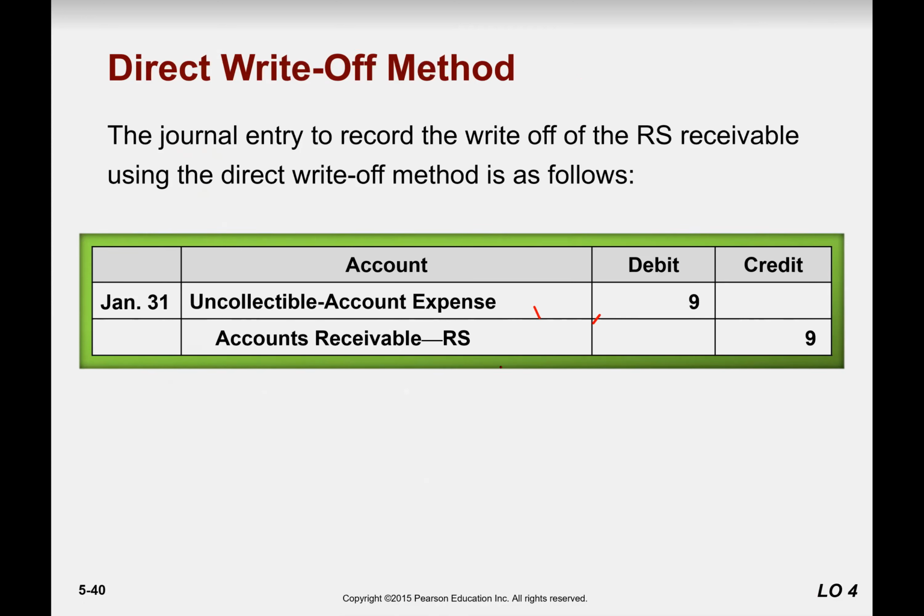But since we are directly writing off, we are not making the allowance, so we directly charge the account receivable to our expense. The entry would be uncollectible expense to account receivable. That is the direct write-off method.